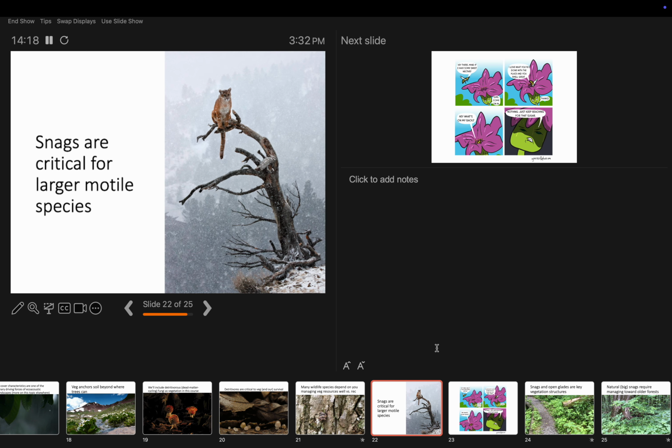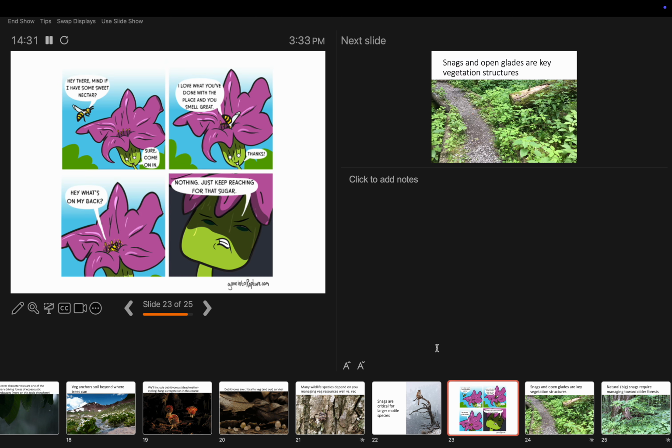And even dead vegetation in specific forms and growth classes and so forth. Snags, large standing dead trees, critical habitat for any of your larger wildlife, okay? Bears, mountain lions, etc.